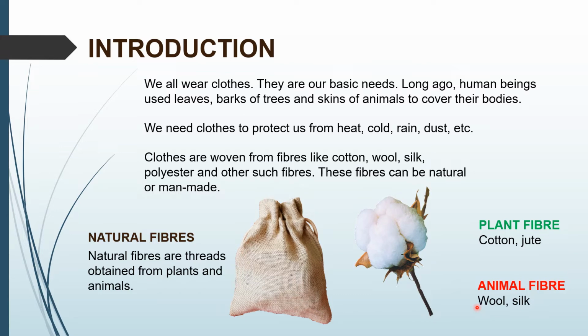Two types of fibers are there, natural or man-made. Cotton, wool, silk are natural, but polyester is a man-made fiber. Natural fibers are of two types, plant fibers and animal fibers. Examples of plant fiber are cotton and jute, and of animal fiber, wool and silk.